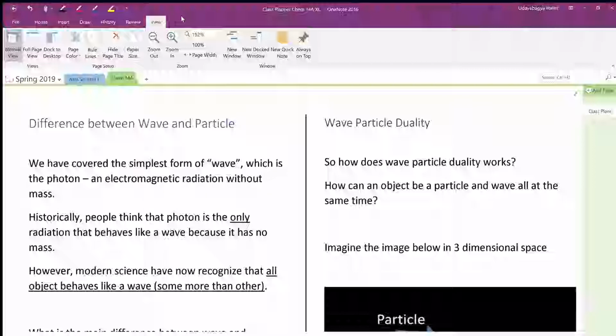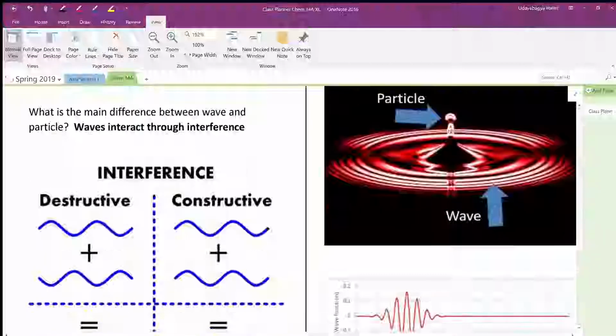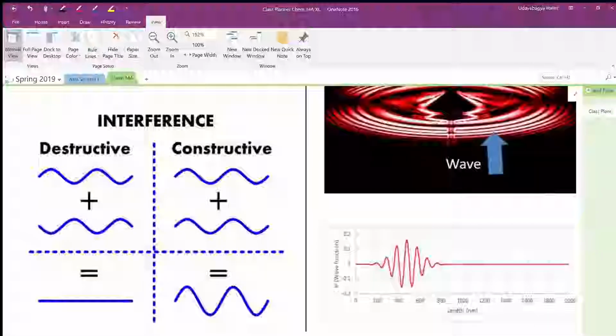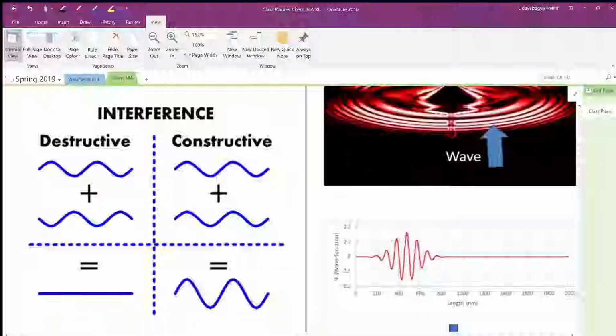But the wave is essentially this undulation, a repetitive one. The best way to think about waves is basically oscillation. All objects, in this particular case light and so on, they oscillate.